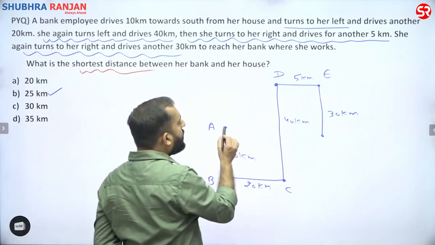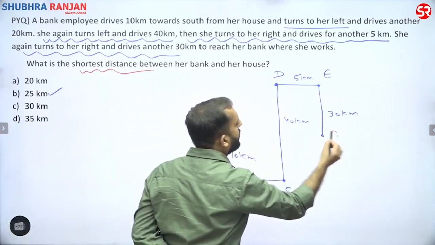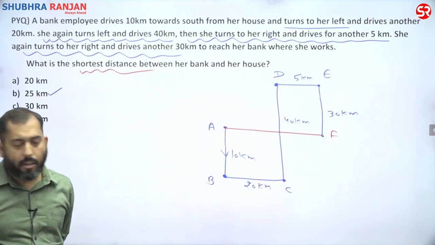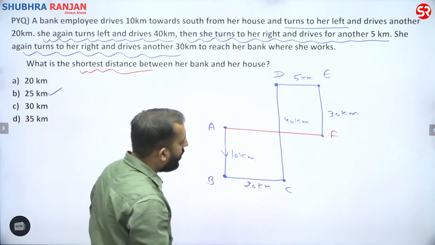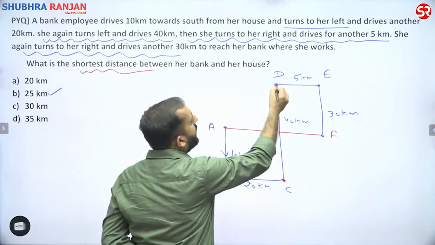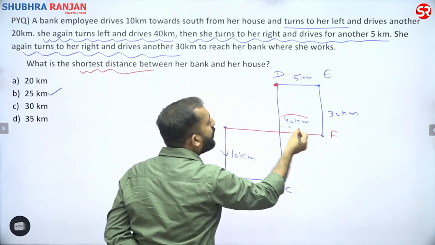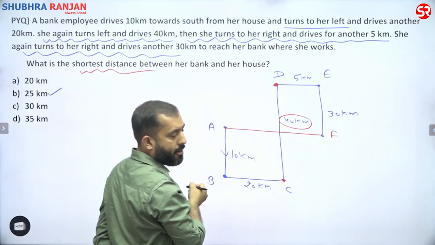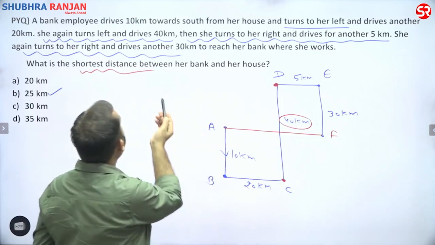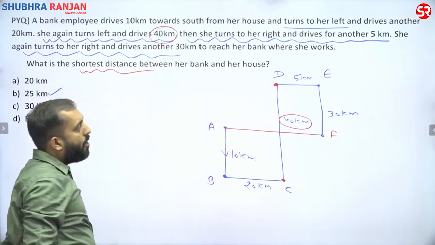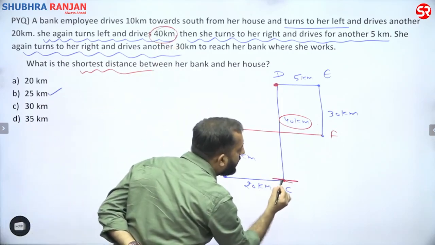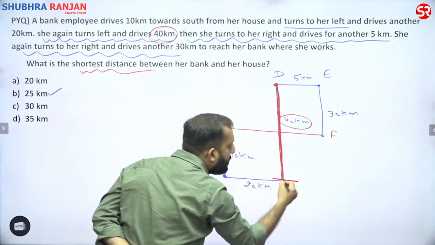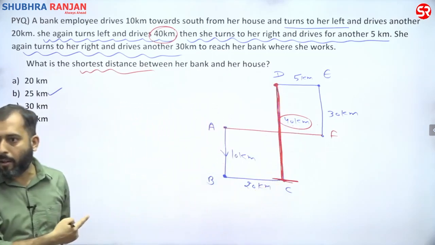Now, don't you think this A and this final position F will lie on the same line? Construction wise, see, from C to D, this total distance was 40 kilometers. It was given.